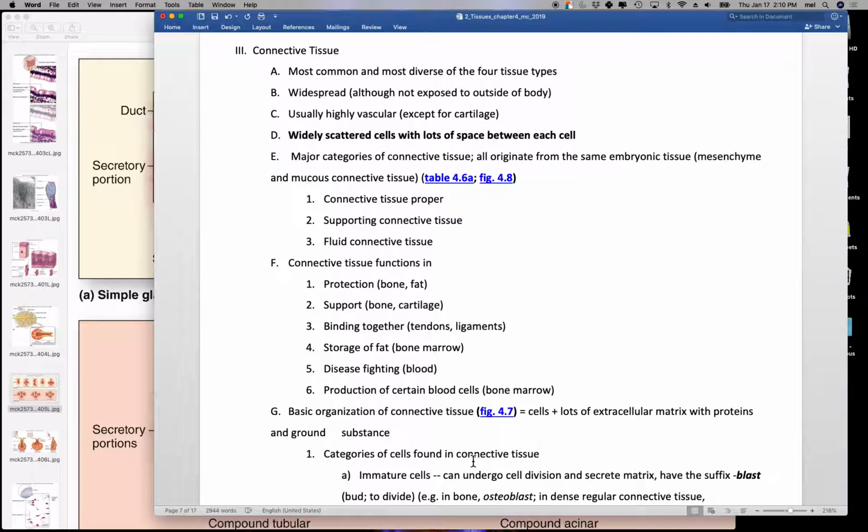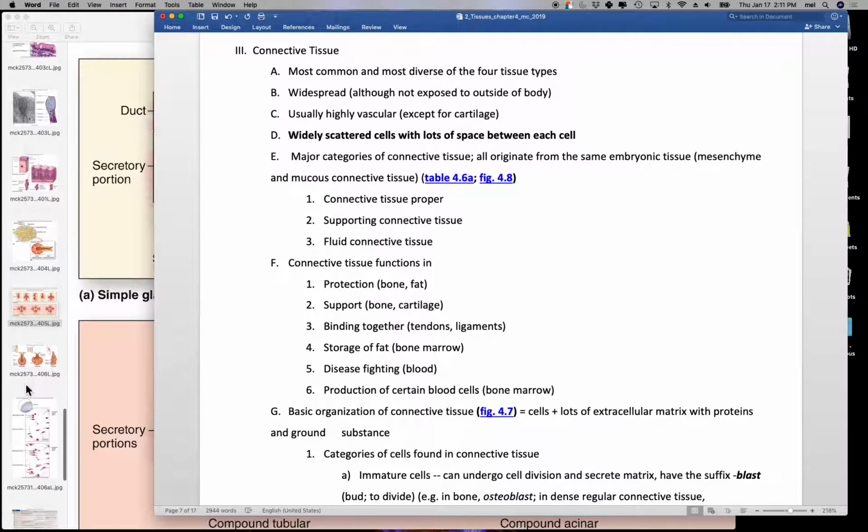It doesn't look very impressive. But that embryonic tissue is called mesenchyme. And from mesenchyme, all of those really different tissues arise, right? So blood and bone and cartilage and fat and all of that stuff arise from mesenchyme, so they're all categorized that way.